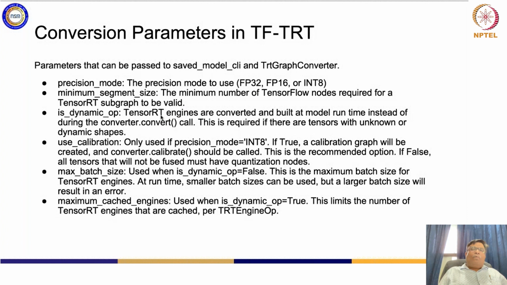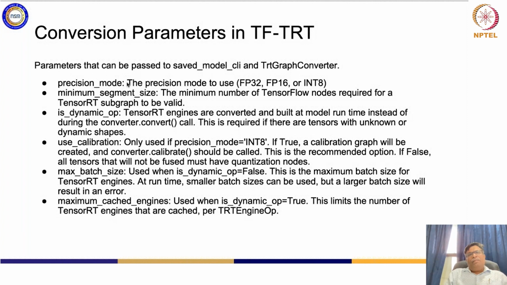Okay, so what are the various parameters when you try to use this? The parameters which can be passed, this is a command line interface option: saved model CLI to TRT graph converter. You can work with any precision mode: FP32, FP16 or FP8. What is the minimum segment size?